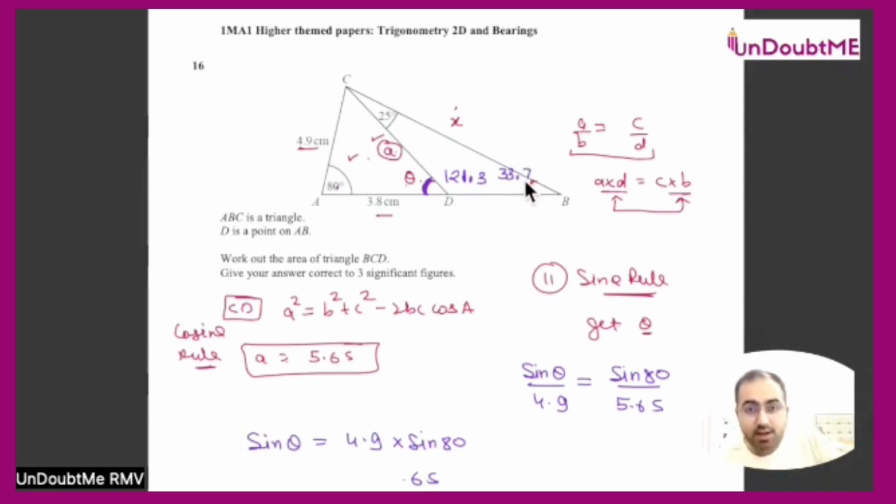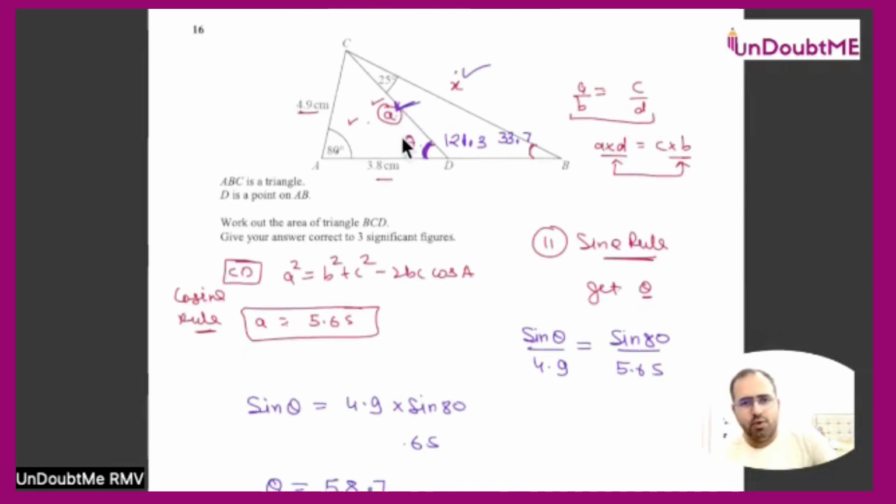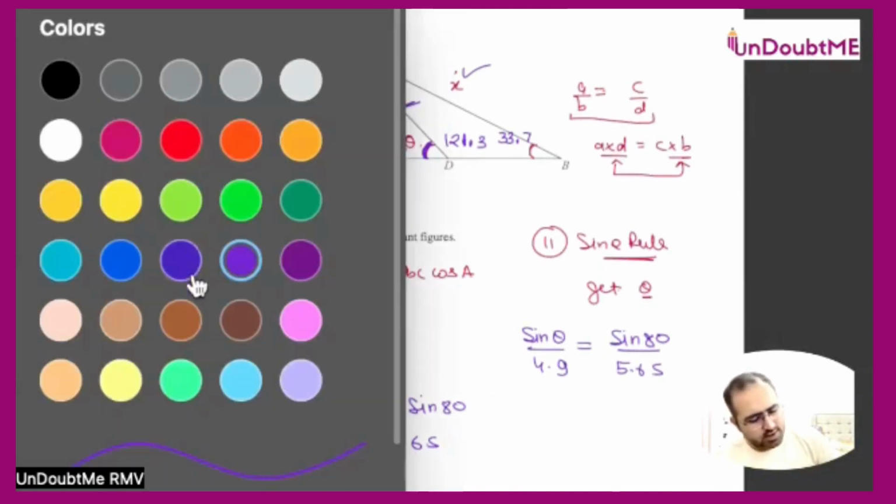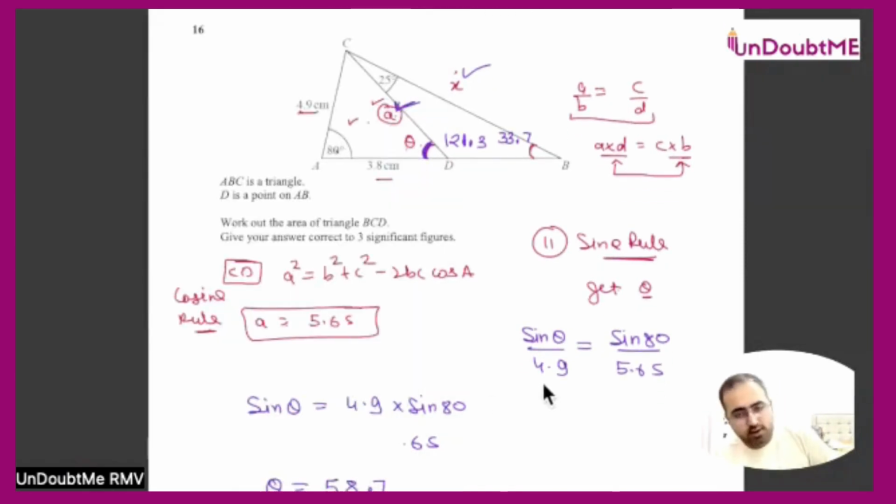33.7. 33.7 is right. We have all three angles, and then we have got this side also, so we can get the x value. Once we are done with the x value, we can use half AB sine C, and it will be the area of the triangle then. So let us quickly get the x value that I'm doing with brown color at the bottom. So it will be sine 121.3 over x.